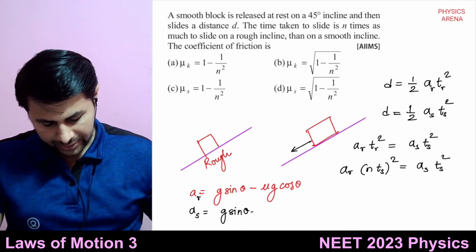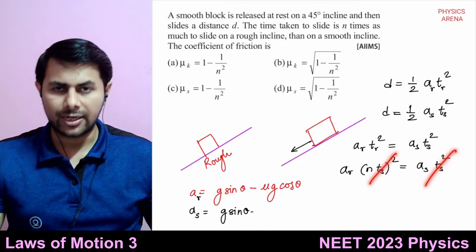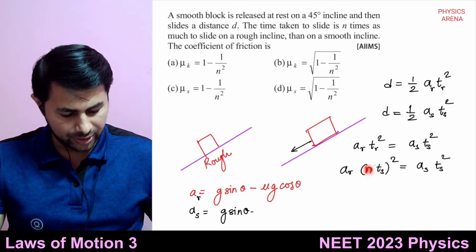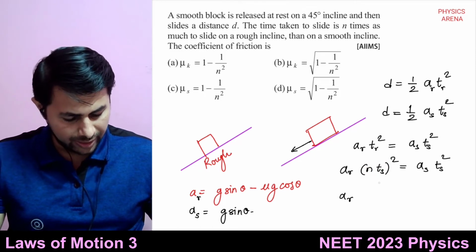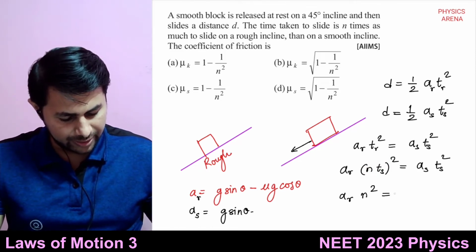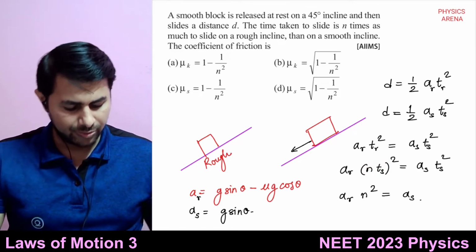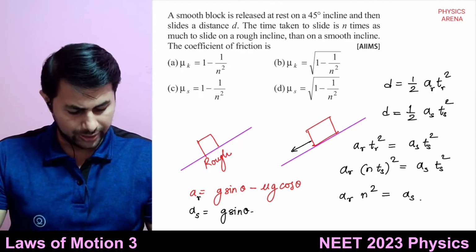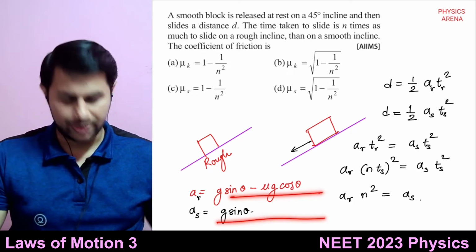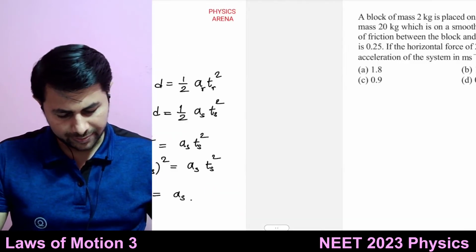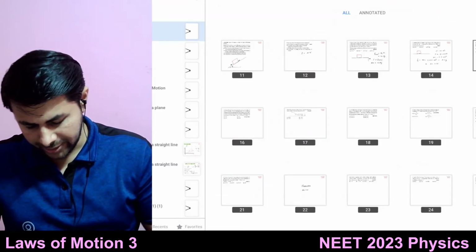We can cancel out the time on the smooth incline square on both sides. So acceleration on rough surface multiplied by n square is equal to acceleration on smooth surface. Okay, so this is what we got, and there we will put the values of acceleration, AR and AS.